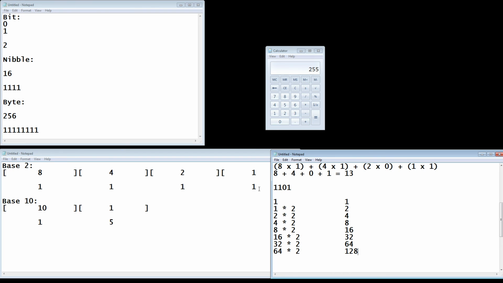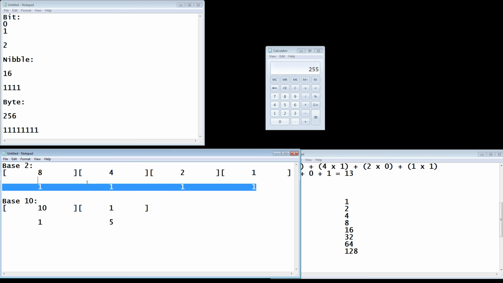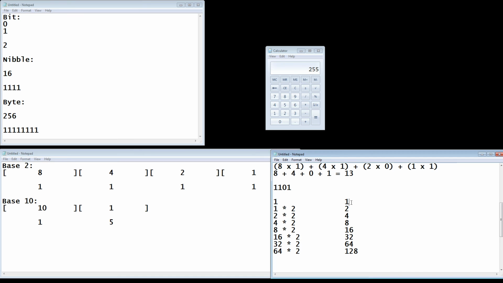So yeah, that's where I learned this stuff, and this is what I've come up with as the best way to explain how binary in the base 2 system works. If you look at the tutorials and they just say, oh, it's 1, 2, 4, 8, 16, sure, you could try and remember that stuff, but what if you forget one?